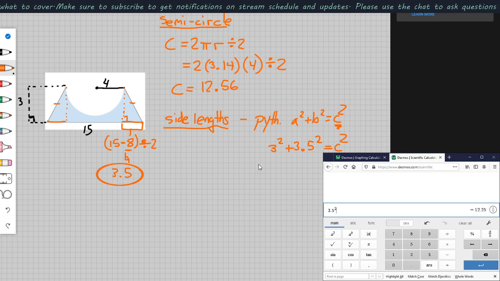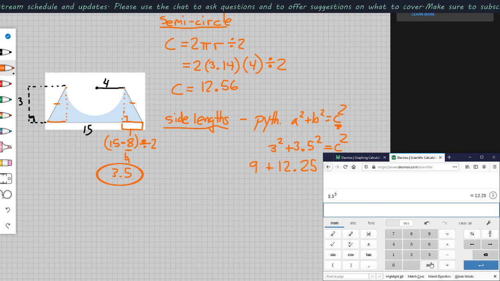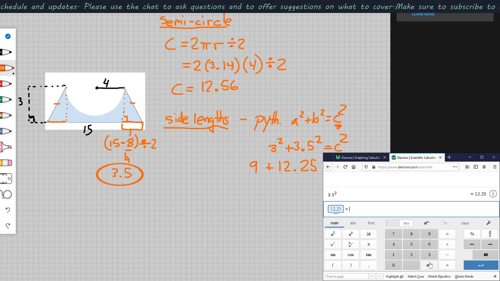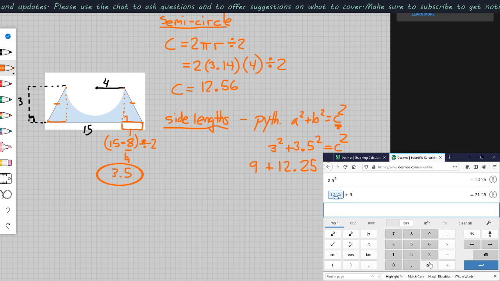So I'm going to write those down real quick. So now I'm going to add those together. So I'm going to use the 12.25, add the 9 to it, and I get 21.25.